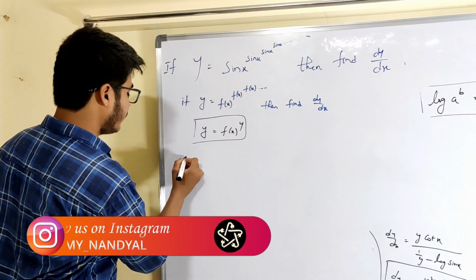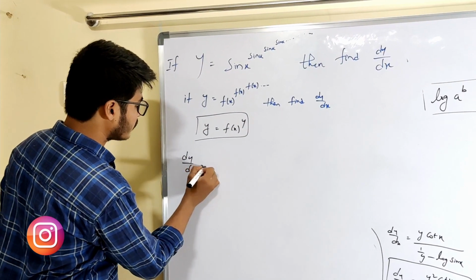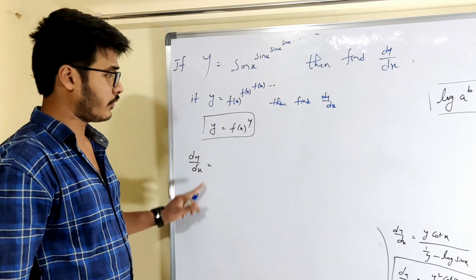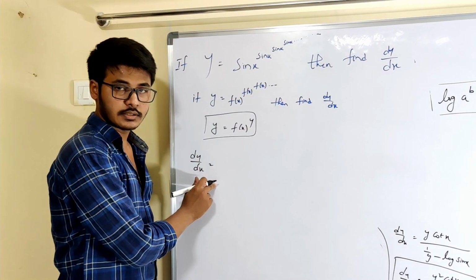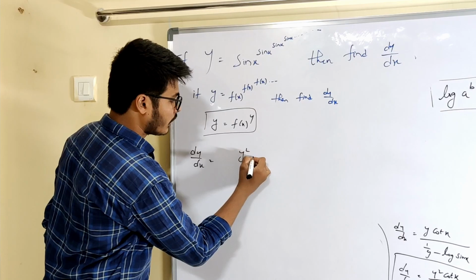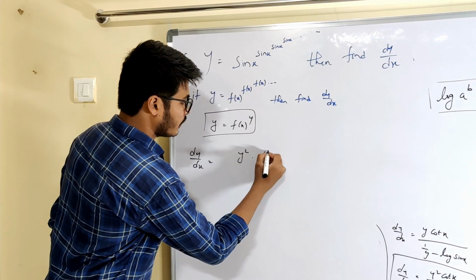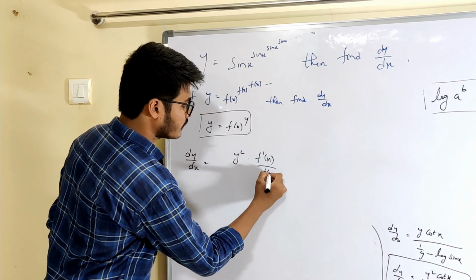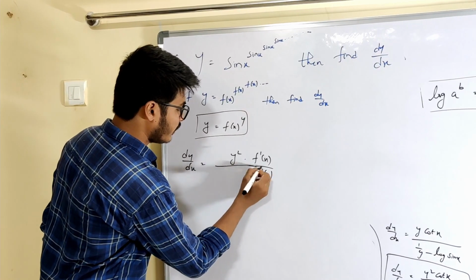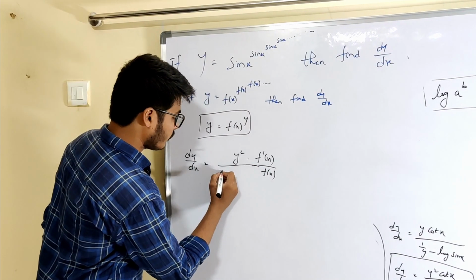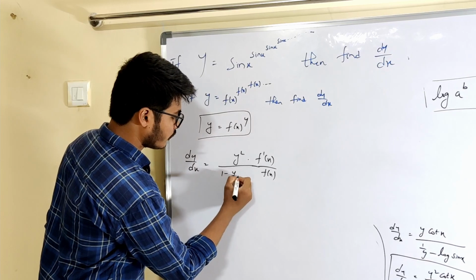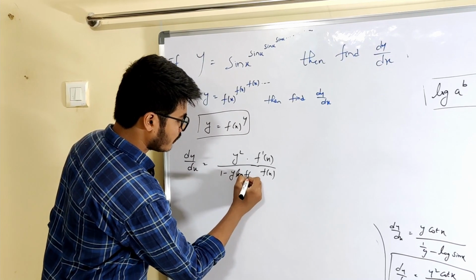So dy by dx can be directly given as dy by dx is equal to y square into f dash of x by f of x, divided by 1 minus y log f of x. Now this is the shortcut for this type of question.